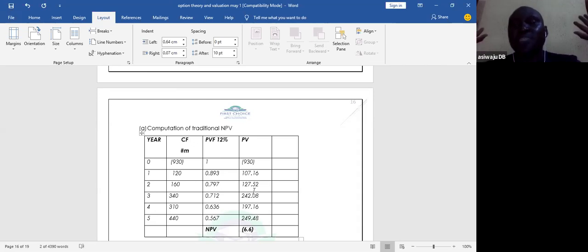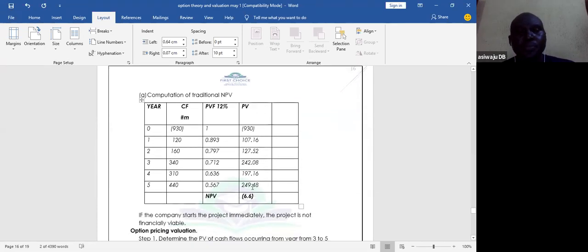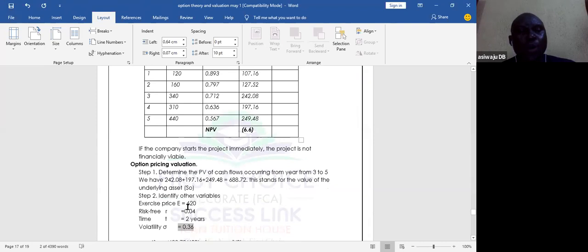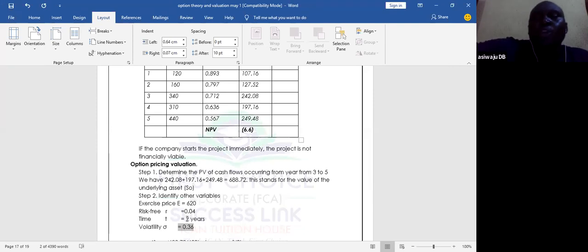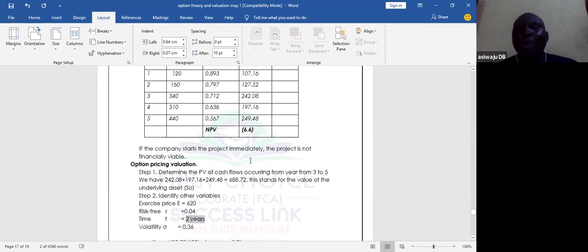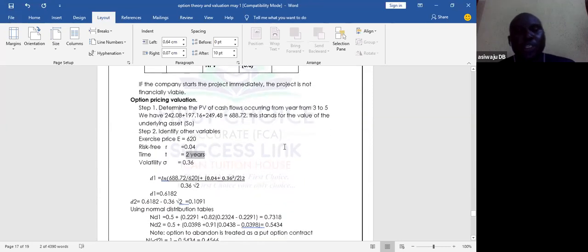That is, you dispose of it to another buyer, a foreign investor. Year 0, year 1, year 2, after year 2 I'm going to abandon. Your time to maturity becomes what? 2 years.